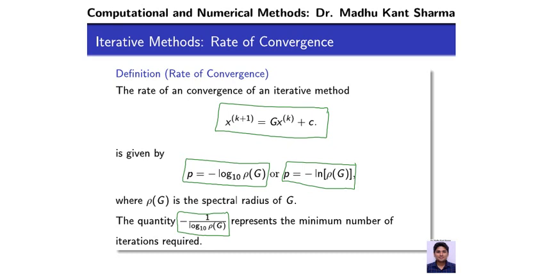Note that the number of iterations is an integer, so you have to make sure that you take the nearest integer next to it.